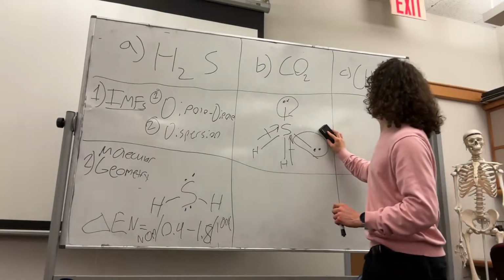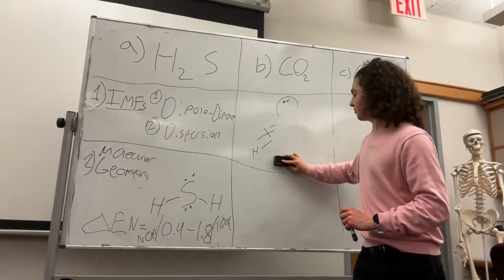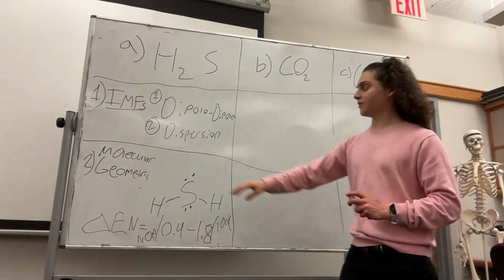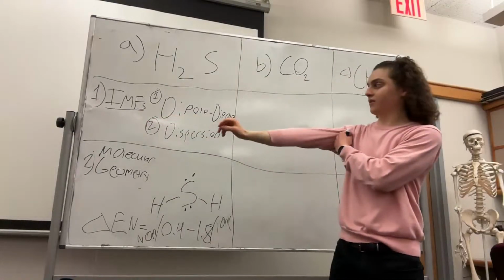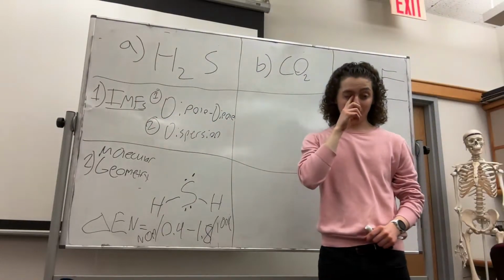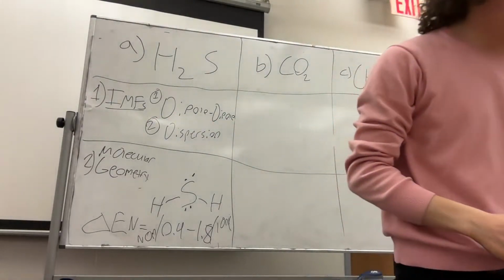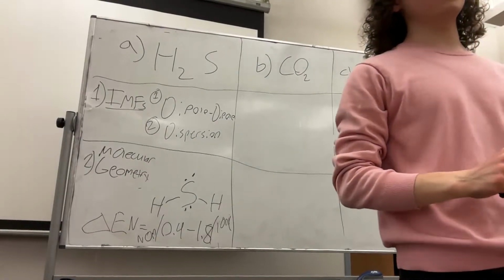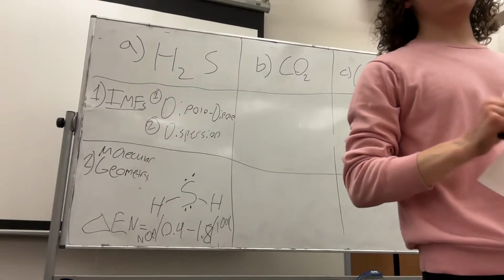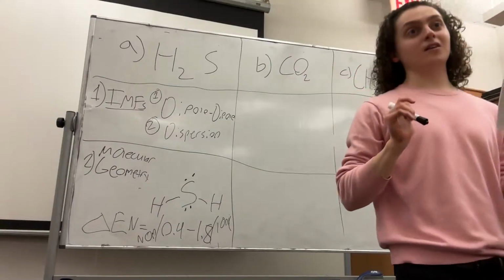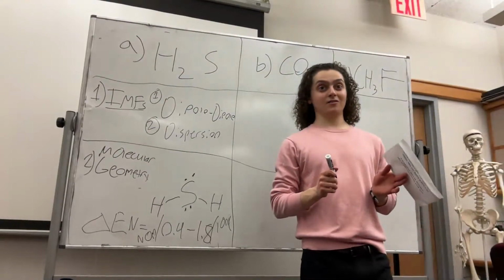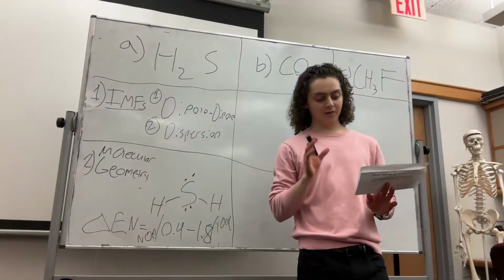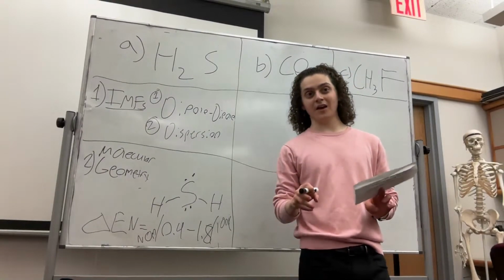Let's do the example of CO2. So, first things first, IMFs. Is it polar? So we take out our periodic table, we see the carbon and oxygen. Now, since oxygen is so electronegative, the bond between carbon and oxygen is, in fact, polar. That's because oxygen is one of the most electronegative atoms.